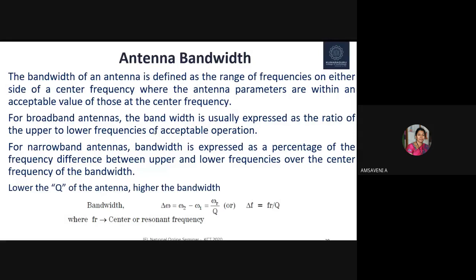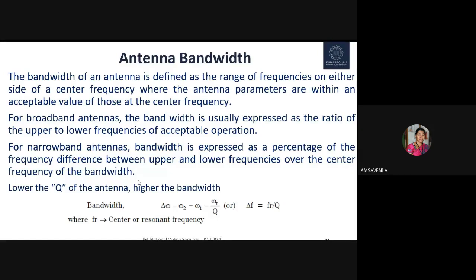For example, 10:1 is a relative frequency ratio, so the upper frequency is 10 times greater than the lower frequency. 15:1 means 15 times greater than the lower frequency.